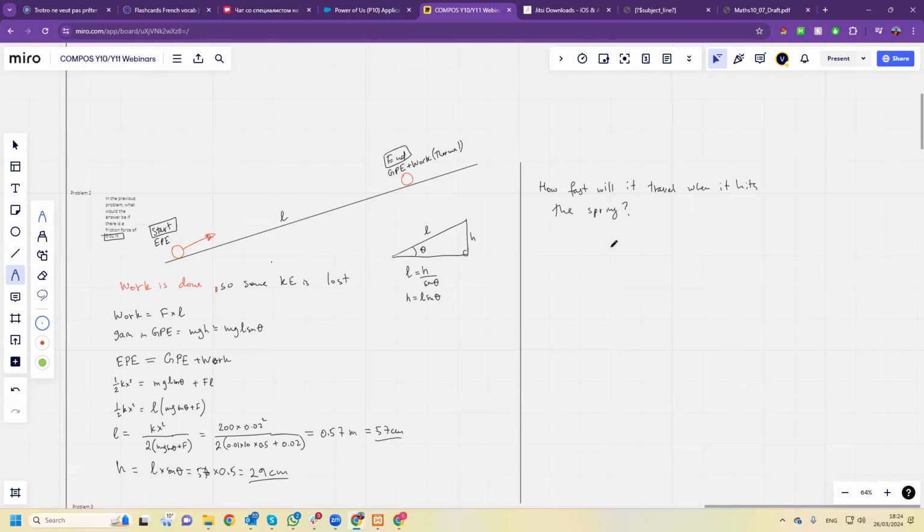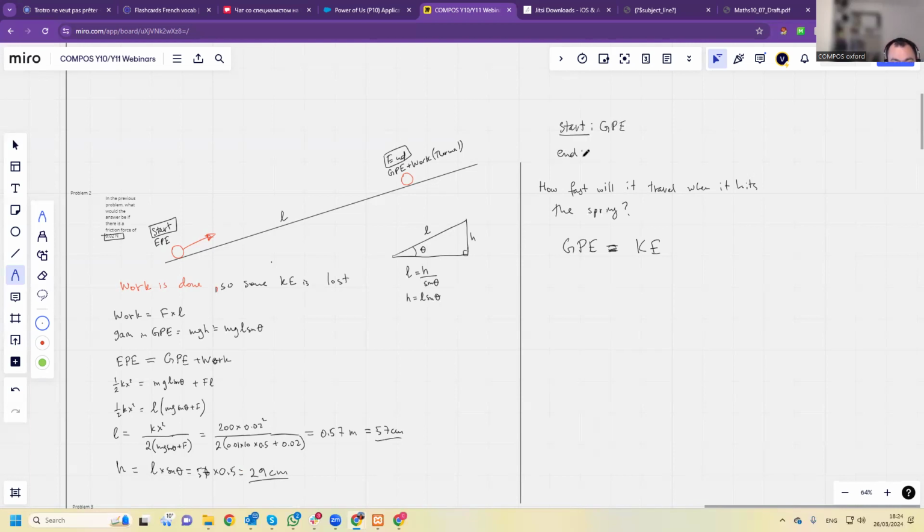Is gravitational potential energy equal to kinetic energy? So when it goes back down, it'll be the same speed as going up. That would be true if there was no friction. Since it's going down, you also have to take into account gravity. At the start, you have gravitational potential energy, yeah?